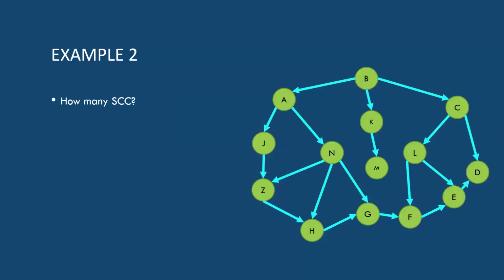So here's another example. If I were to sit down and just say, okay, trace this through with your fingers and try to figure out what are the strongly connected components here. Well, there are no cycles in this graph. So if there are no cycles, then there's no way for any vertex to get back to its starting point, which doesn't mean there are no strongly connected components.